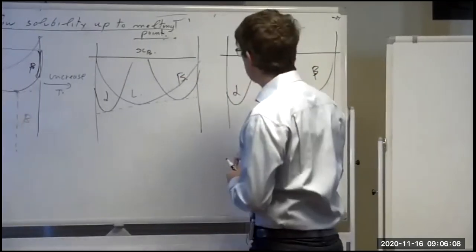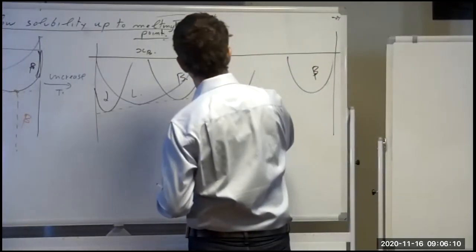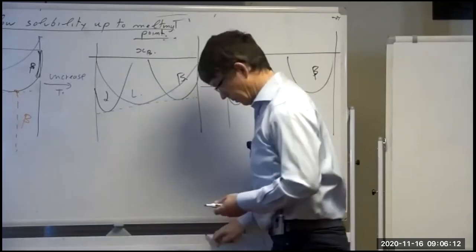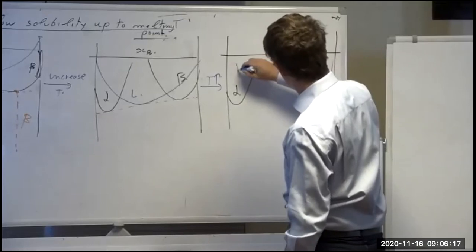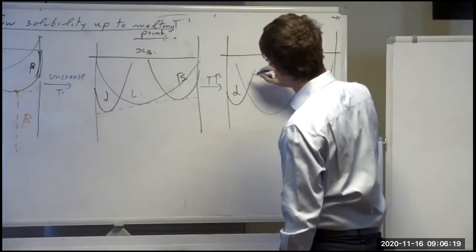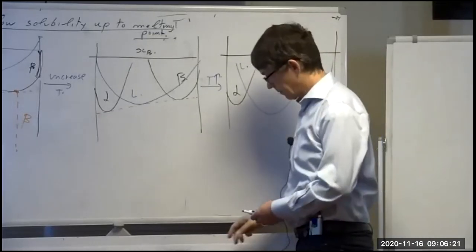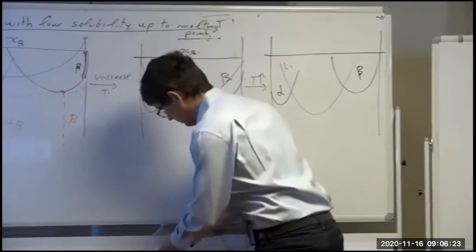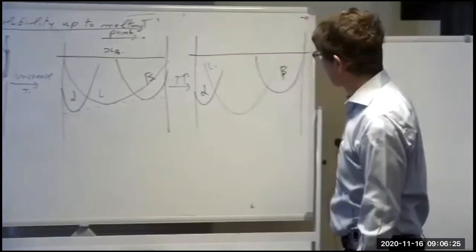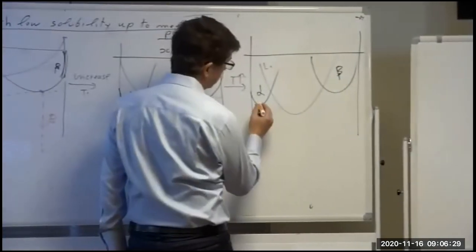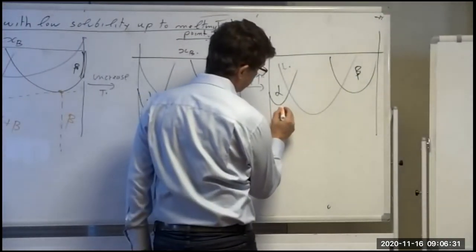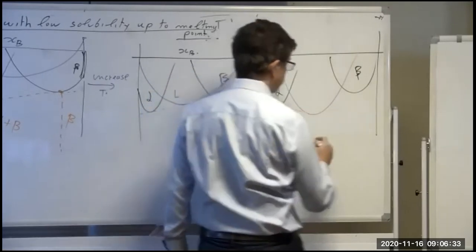So now we go even higher temperature, right? So we increase T even more. And so now this is the liquid. So what do we have now? Well, now our lowest free energy surface is made up of two tangents, right?